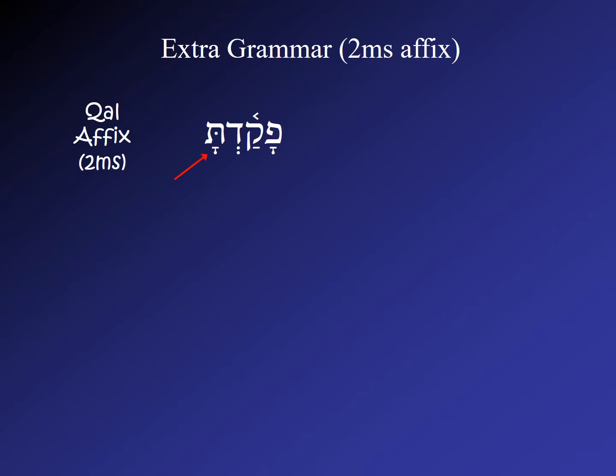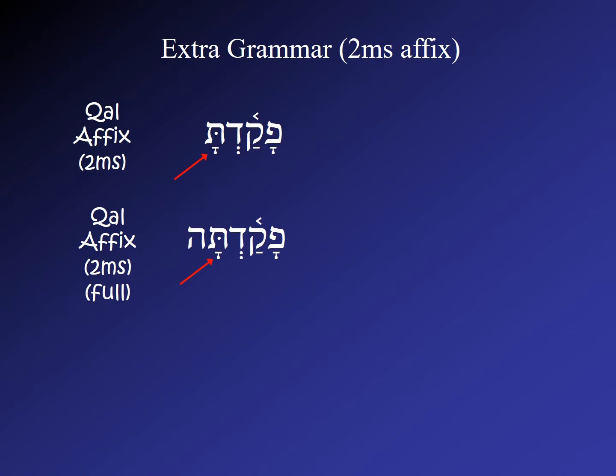This qamets represents a full syllable a, which can also be written as a qamets he, this way. So pakadta with a he is simply a fully written form of pakadta without the he. So here is the indicator of the fully written form, pakadta, which is exactly the same grammatically as the form we're accustomed to seeing, pakadta.